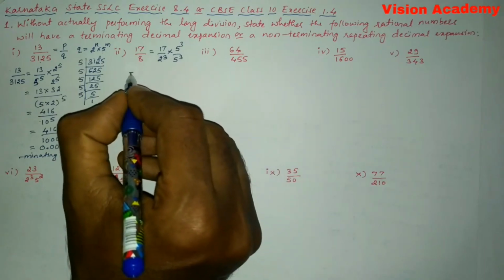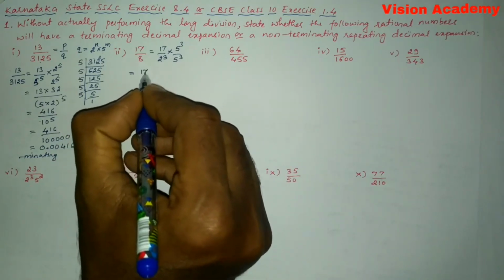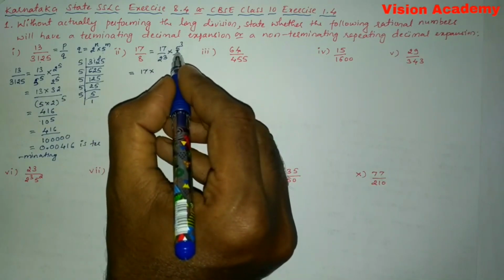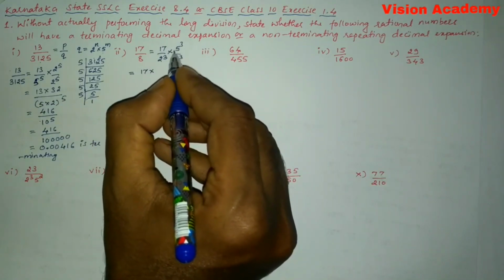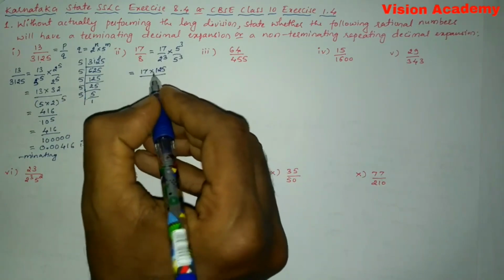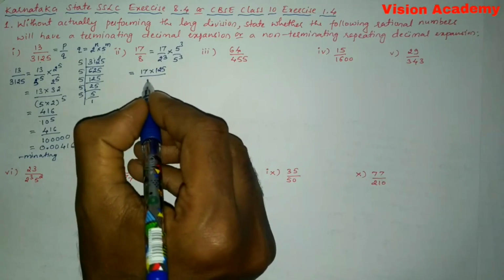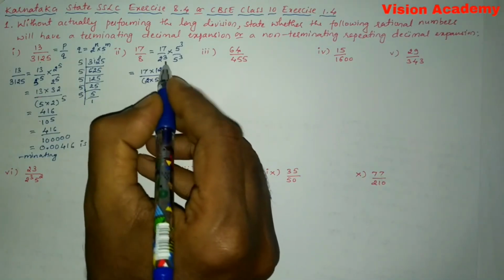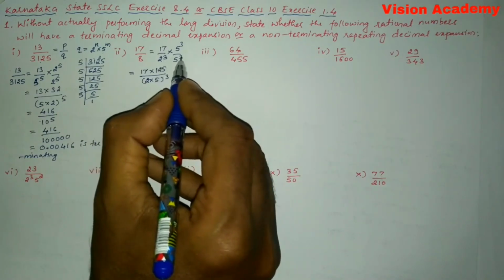Now we are going to go for simplification. So 17 into 5 to the power 3, 3 times we need to multiply 5. 5 5s are 25, 25 5s are 125. Whole divided by 2 into 5 whole to the power 3 because the powers are equal.